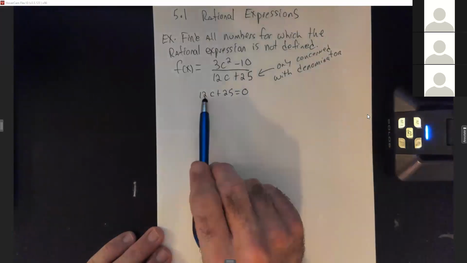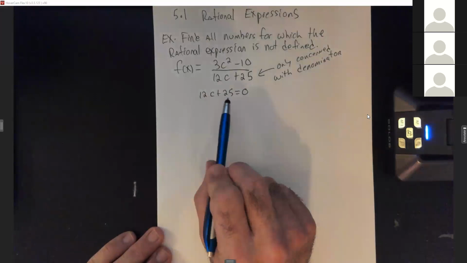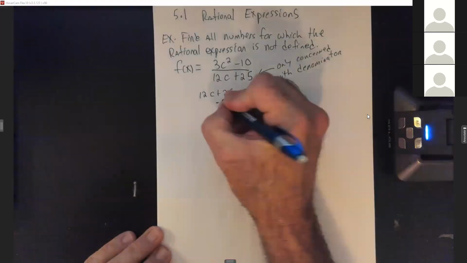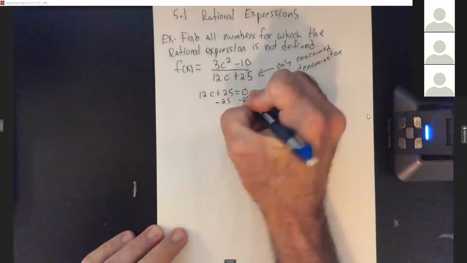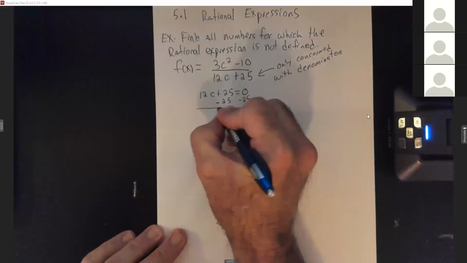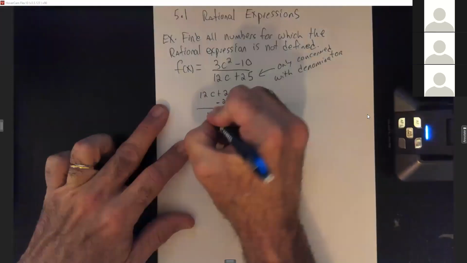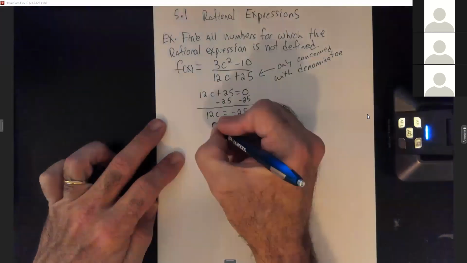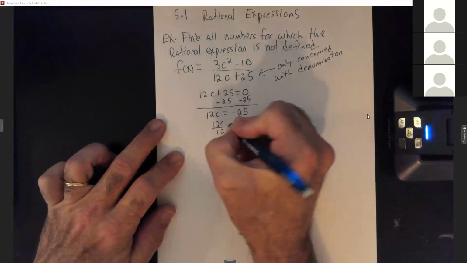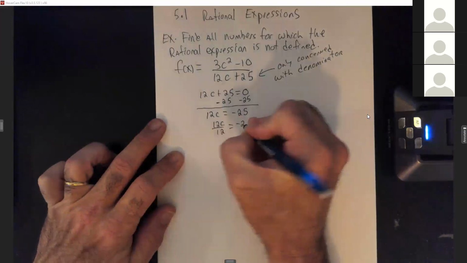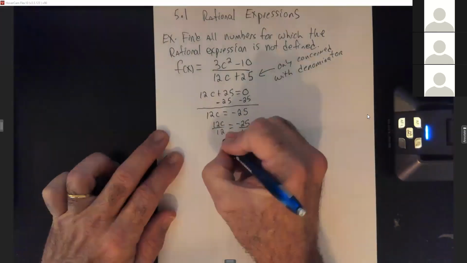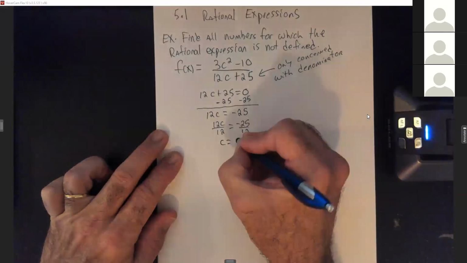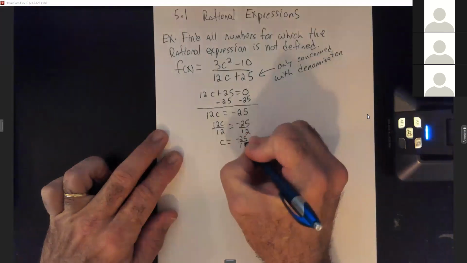So to solve this, I'm going to start out by subtracting 25 from both sides. So I get 12c equals -25. And then finally, we finish by dividing by 12. So that c, let's see, I cannot reduce that, is going to equal -25 over 12.